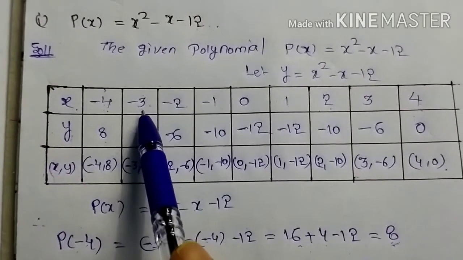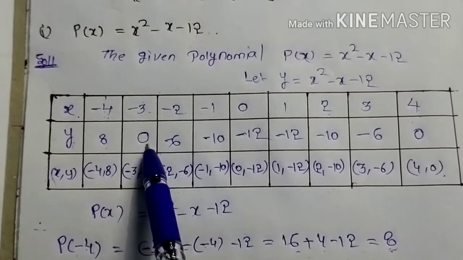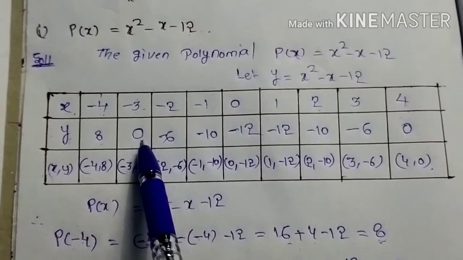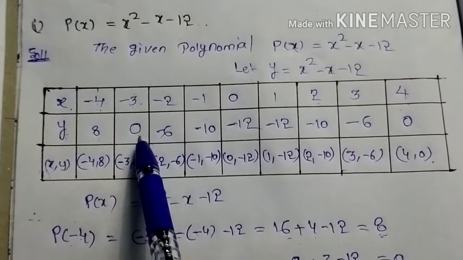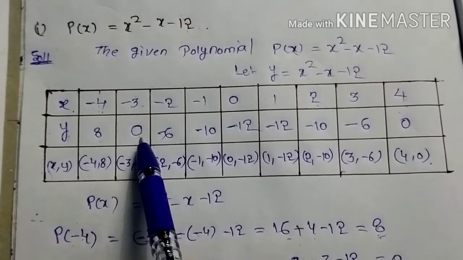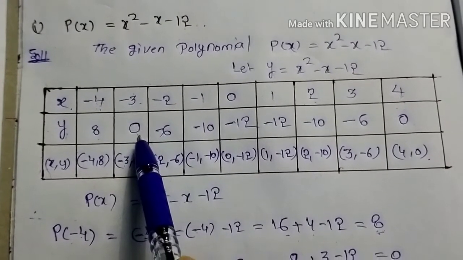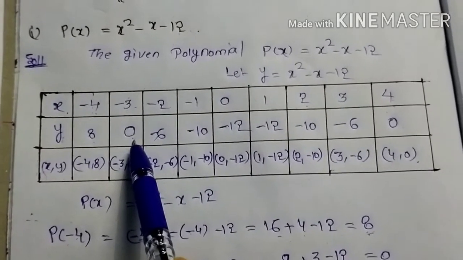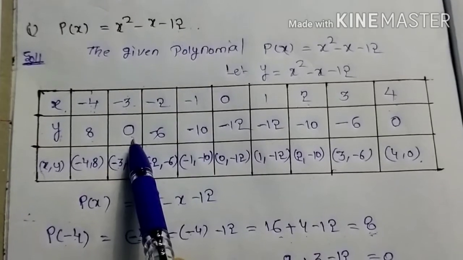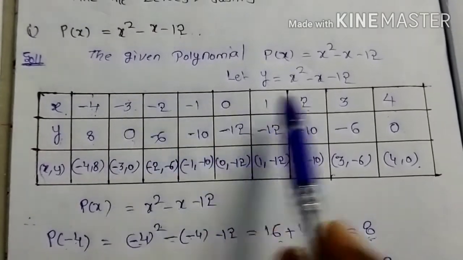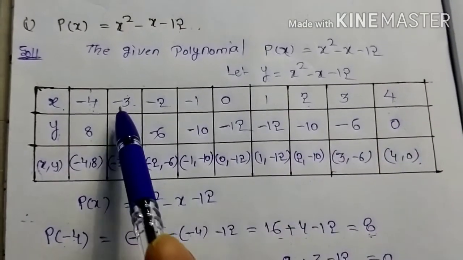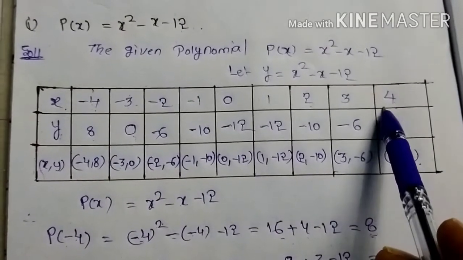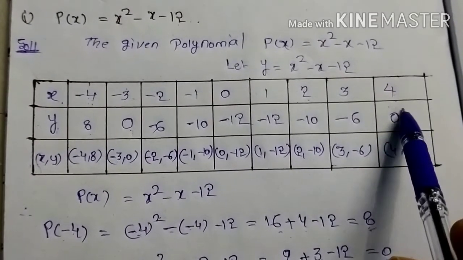Here also for x is equal to minus 3, you are getting 0, or not? We have already studied the definition of a zero of a polynomial. For any value of k, if P of k is equal to 0, then k is called a zero of the given polynomial. That means P of minus 3 is 0, P of 4 is 0. That means minus 3 and 4 are the zeros of the polynomial.